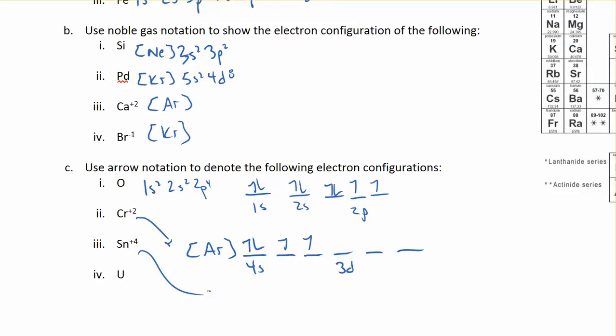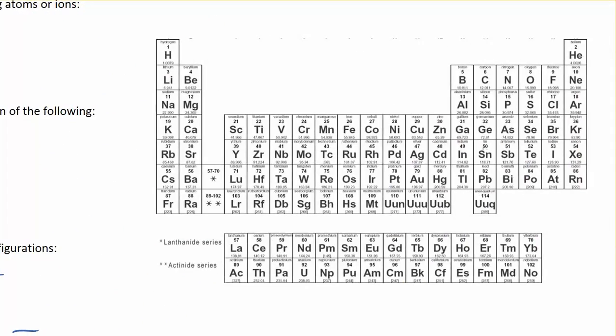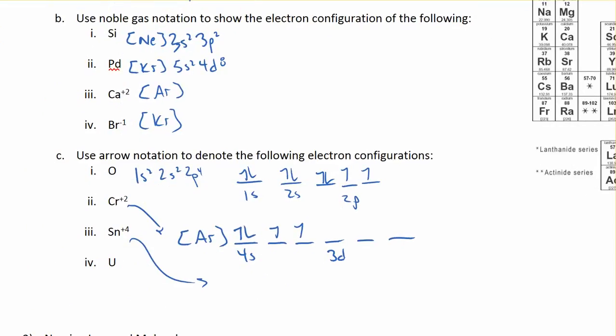Tin with a +4 charge will follow the same principle. Here's tin. +4 means it's lost 4 electrons, giving it the electron configuration of palladium. Palladium, just like before, will look like krypton plus some additional electrons. So here's tin.